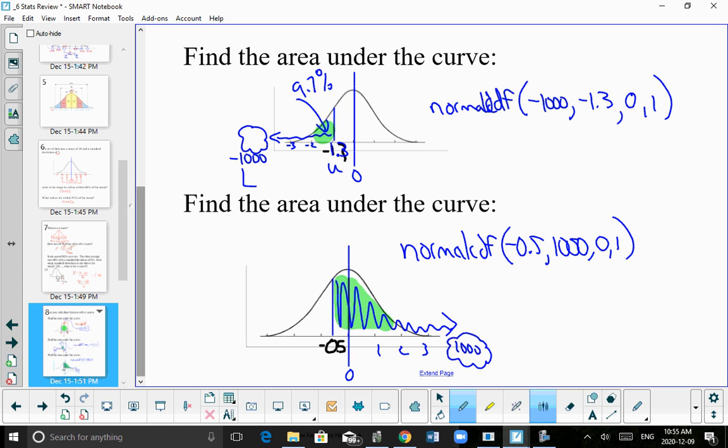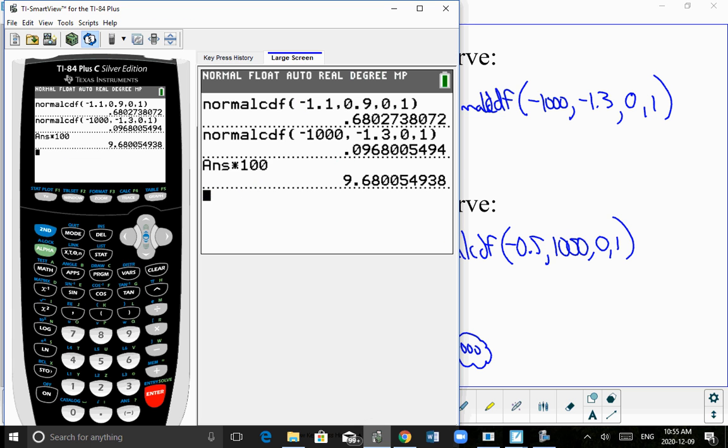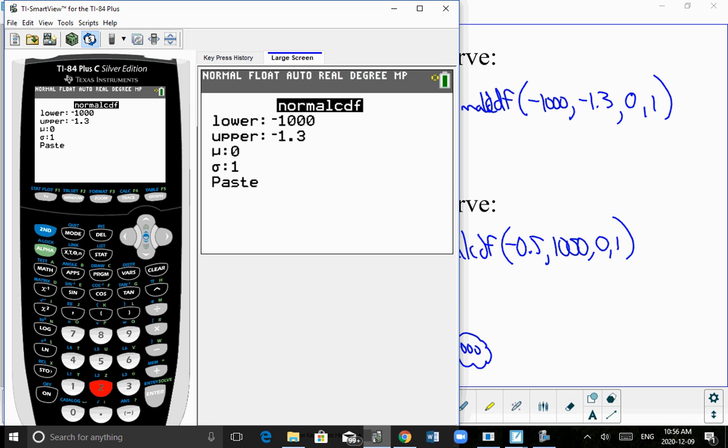And again, I'm just looking for what percents, right? So I can't use just that 68, 95, and 99 because I'm not perfectly landing on positive or negative 1, 2, or 3. So my calculator allows me to do this without having to estimate everything, because estimating everything takes a while.